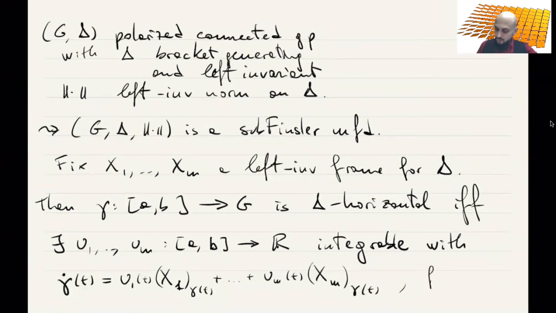This is for almost every t in [a,b]. So this is what a horizontal curve is.